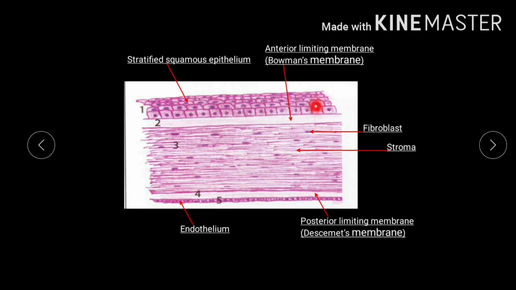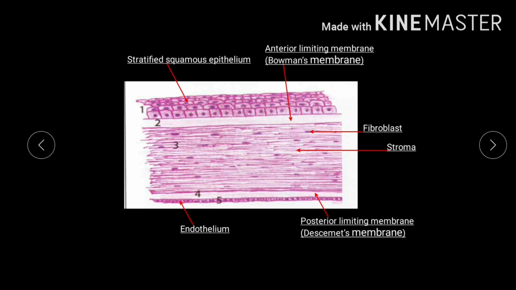During the migration process, the cells divide rapidly from the deeper layer and migrate towards the superficial aspect. During that process, they almost lose their organelles. Now, stem cells of this corneal epithelium are present in the limbus region, the corneoscleral junction.